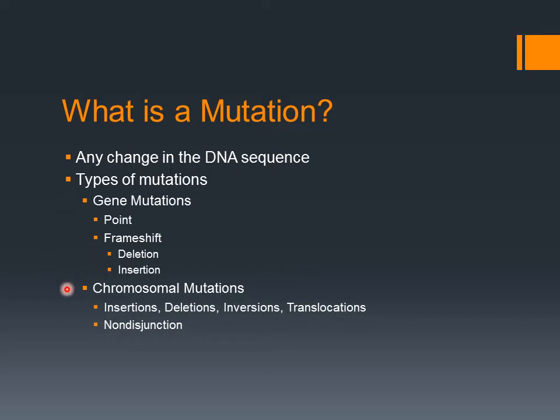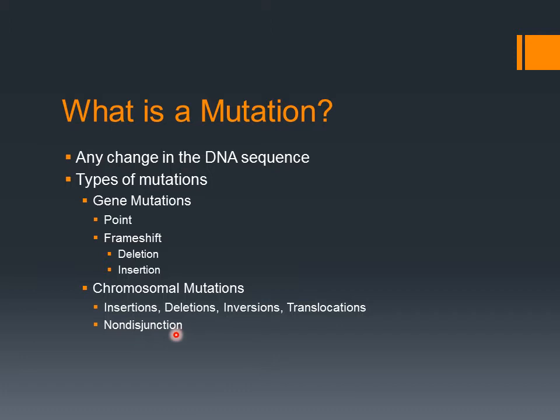There's also chromosomal mutations, which are bigger changes where a chunk of a chromosome or even an entire chromosome gets changed. So you can have chunks of chromosome that get inserted, deleted, switched around, inverted, or even moved from one chromosome to another in a translocation.